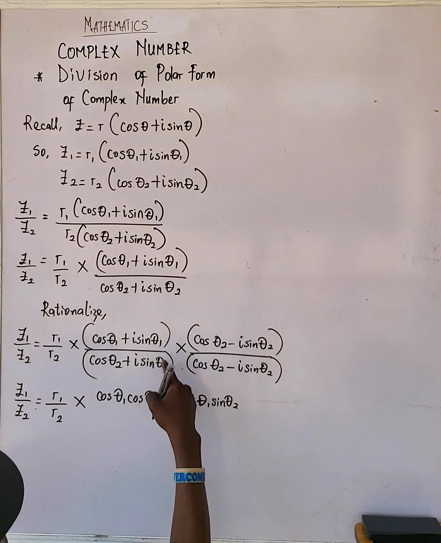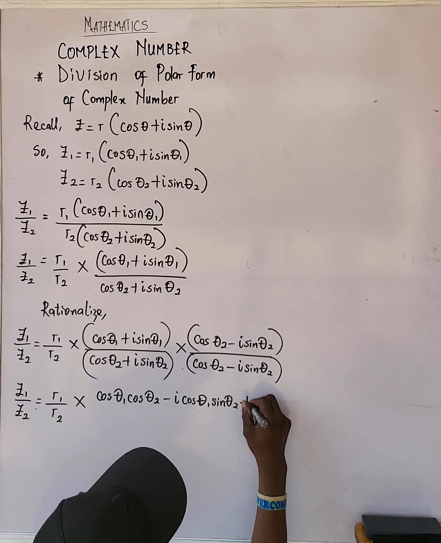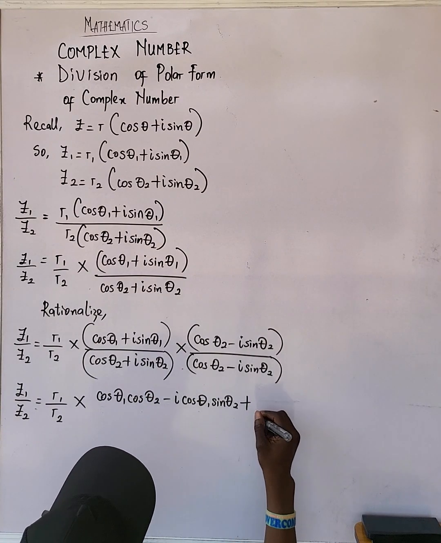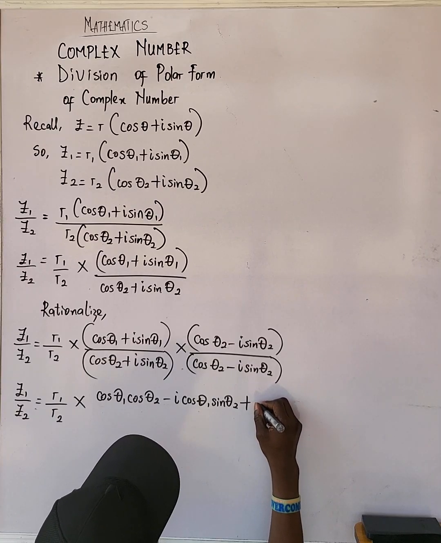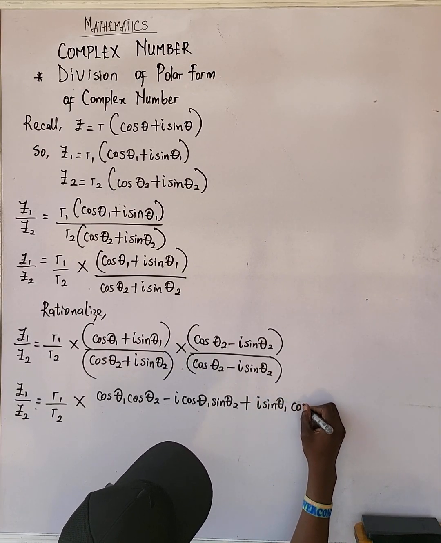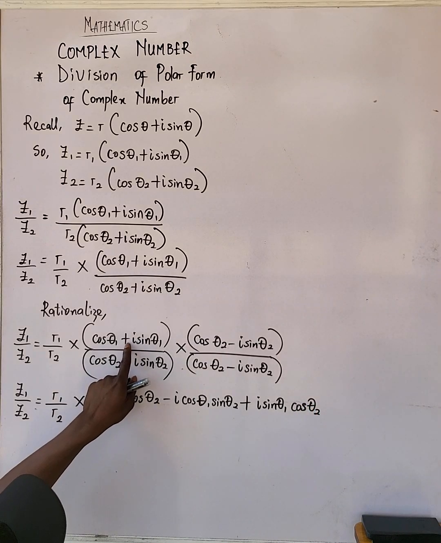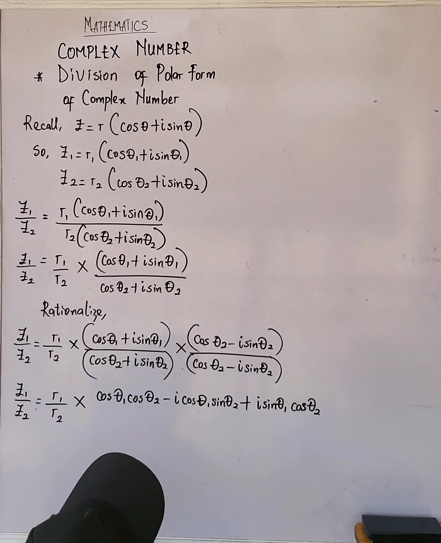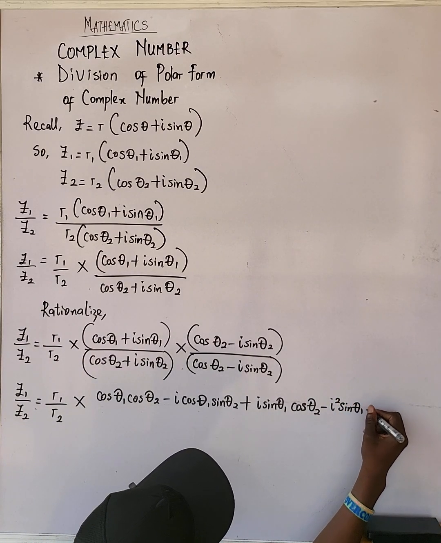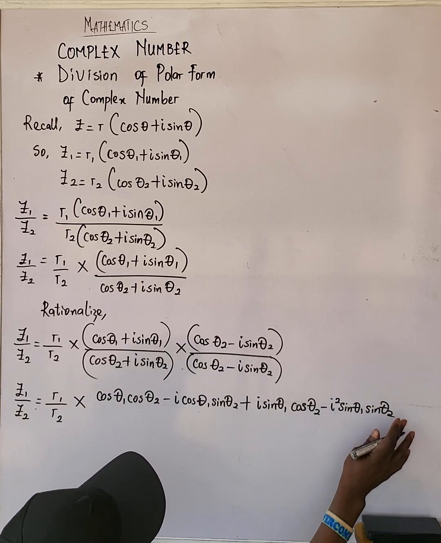Plus i sin theta 1 multiplied by cos theta 2 will give us plus i sin theta 1 cos theta 2, right? i sin theta 1 multiplied by minus i sin theta 2 will give us minus i square sin theta 1 sin theta 2.